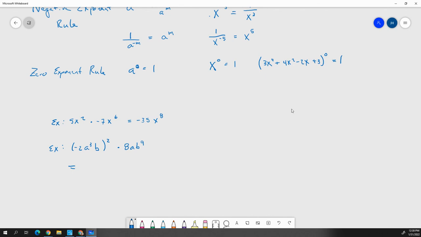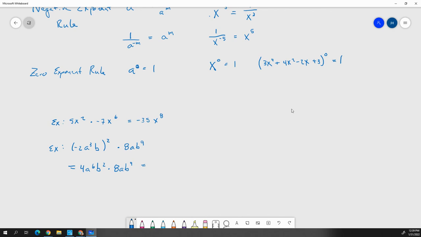So we're going to go, okay, negative 2 squared is 4. A to the 3rd raised to the power of 2, we multiply those powers and we get a to the 6th. Here we have b raised to the power of 2, which is just b squared. And we're going to multiply that times 8ab to the 9th power. And now we can just multiply our like terms.